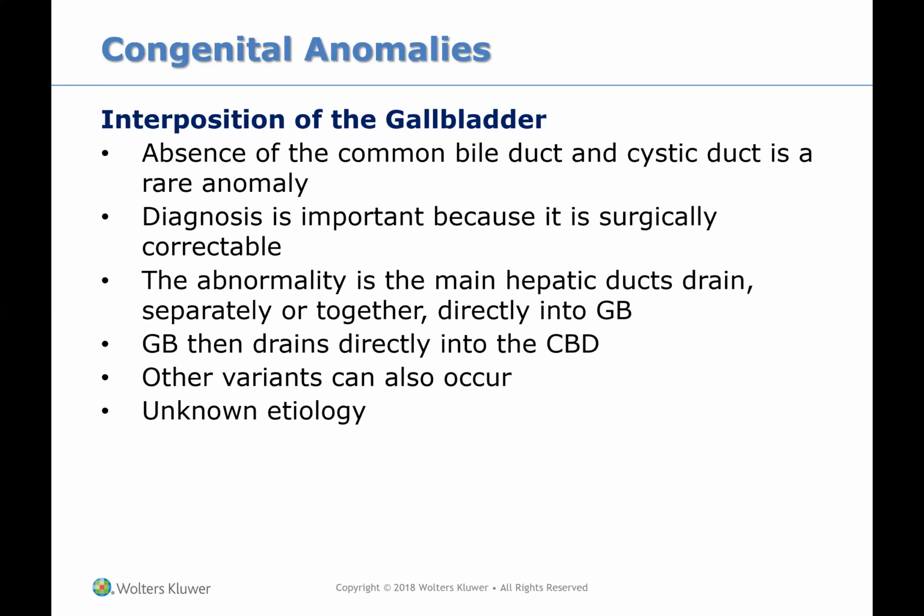Interposition of the gallbladder: absence of the common bile duct and cystic duct is a rare anomaly. The abnormality is that the main hepatic ducts drain separately or together directly into the gallbladder. So there's no cystic duct or common bile duct. Then the gallbladder drains directly into the common bile duct.